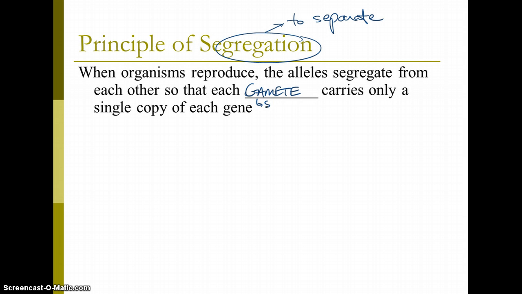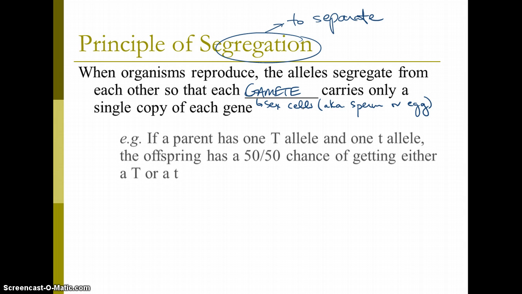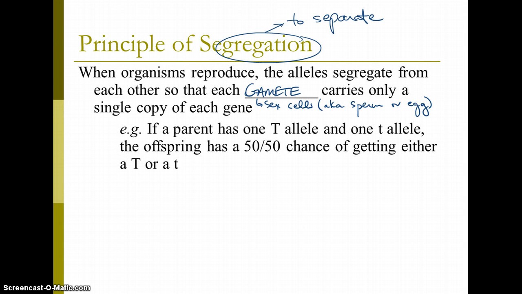They are sex cells, also known as sperm or egg. Okay? These are the cells that will go on to make the next generation. So if a parent has one big T allele and one little t allele, they are heterozygous, remember? The offspring has a 50-50 chance of getting either a big T or a little t from that one parent. So we've got the big T, little t, and they separate.